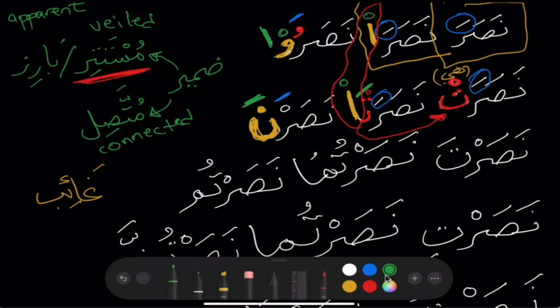Fi mahalli rafa', in the nominative slot. What noon is that? Nunu niswa, the women's noon. Or nunun nisa, the noon of the women. Fa'il is the doer. Nasarna, ay hunna nasarna.